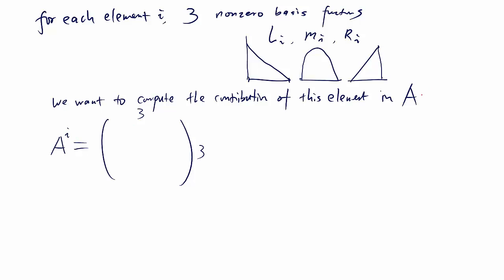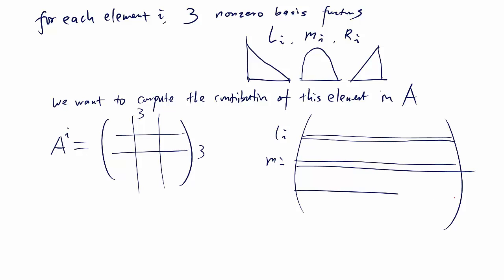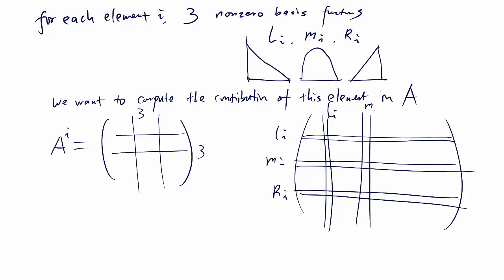going to be added on the big matrix A, with the row and column indices being this L_i, M_i, and R_i. So we take this 3 by 3 matrix and look at the big matrix: what is the row corresponding to L_i, to M_i, to R_i, and also what is the column corresponding to L_i, to M_i, to R_i.